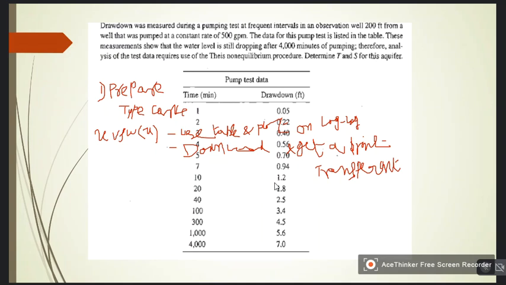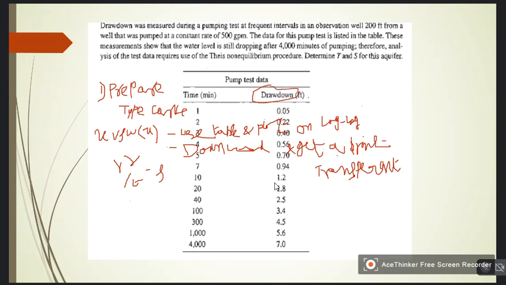Then, of course, you draw the r square by t versus small s. Here, drawdown is directly given.